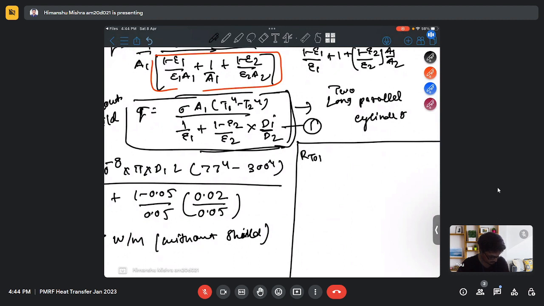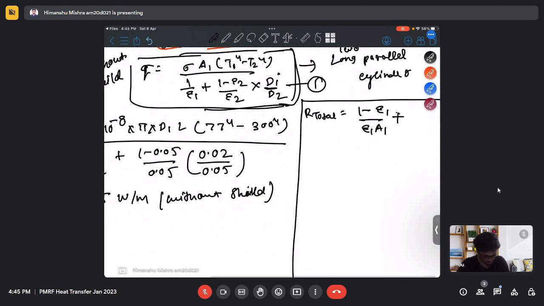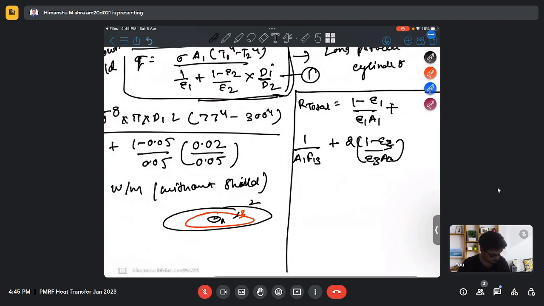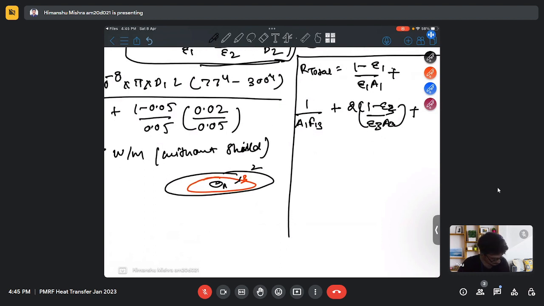So let me write a total resistance, which is due to 1, plus the space resistance between 1 and 3, which is 1 by A1 F13, then from 3, which is twice, so I am writing twice because there is a resistance from 3 to 1 and from 3 to 2, plus the space resistance between 3 and 2, plus due to 2.